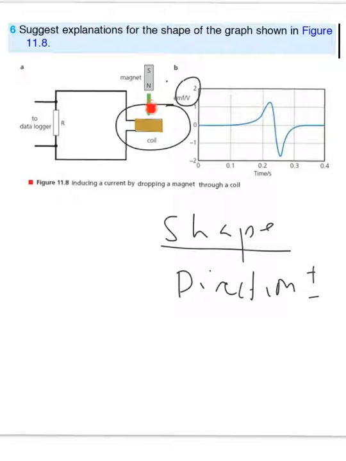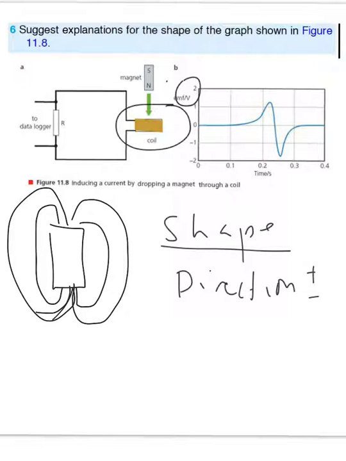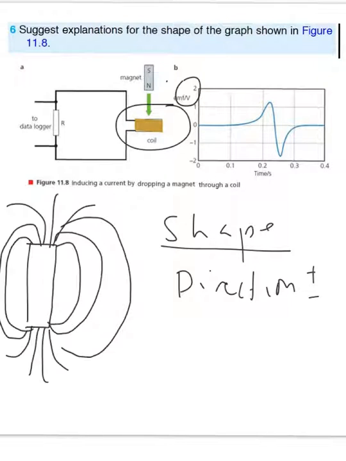So as this magnet gets closer, because the lines of flux, if you remember a bar magnet, okay, I'm going to do a bad drawing of one here. A bar magnet, okay, has more closely packed lines. Let me draw that properly. Okay, I realise that is not a lot better, but it will do. So as we get further away, right, so out here the lines are further apart.